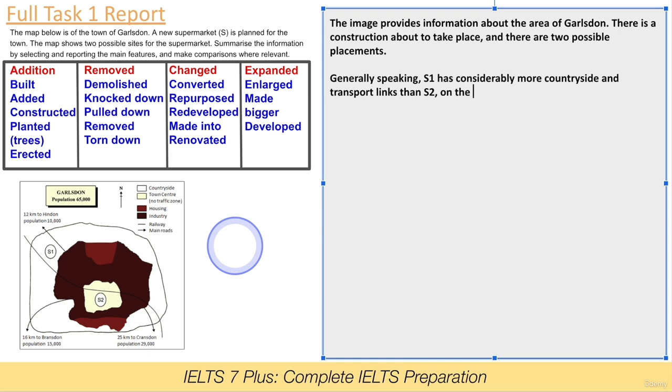On the other hand, S2 is more central and closer to the southern housing district area. We've used area. Maybe complex is quite nice. Generally speaking, S1 has considerably more countryside and transport links than S2. On the other hand, S2 is more central and closer to the southern housing complex.